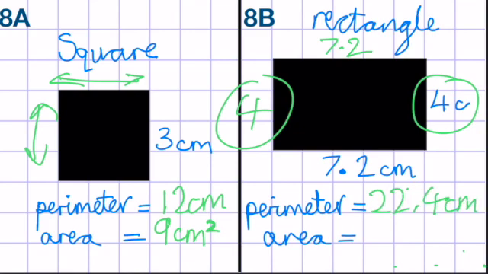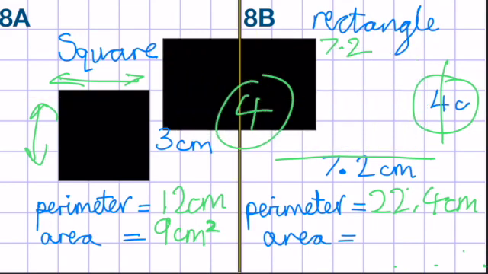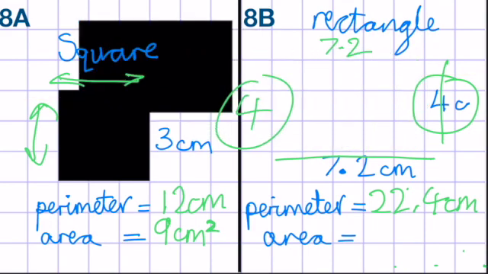I now need to find the area. To find the area, we multiply the length by the width. So we're doing 4 times 7.2. And for this one, I am going to move my rectangle because I'm running out of space. So we're doing 4 times 7.2.